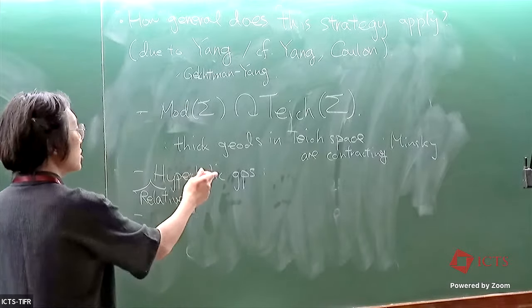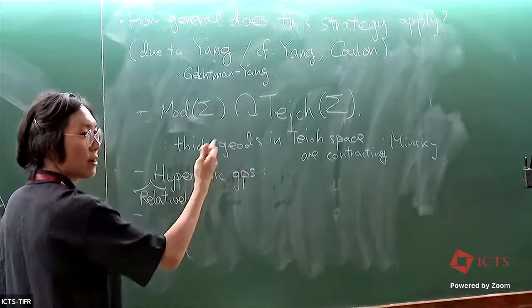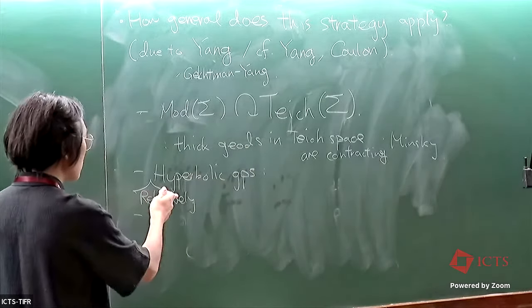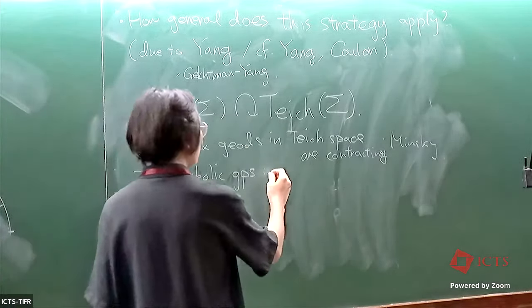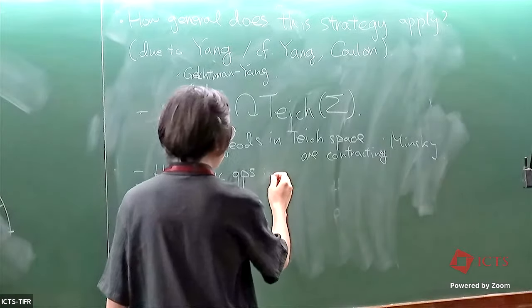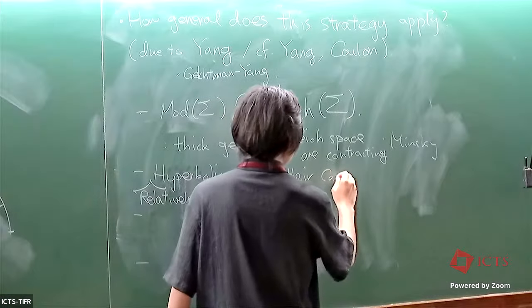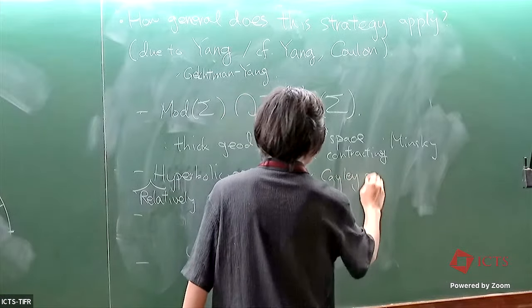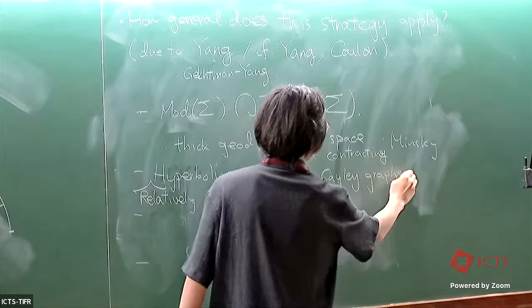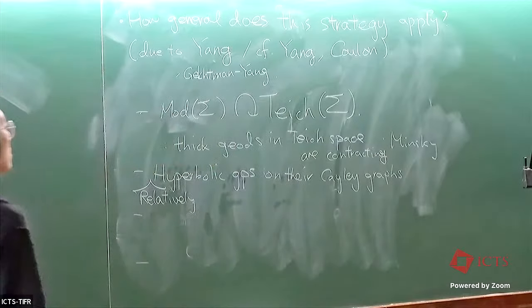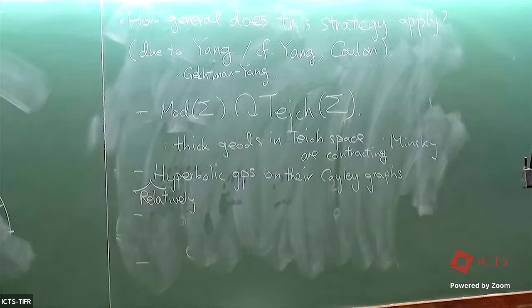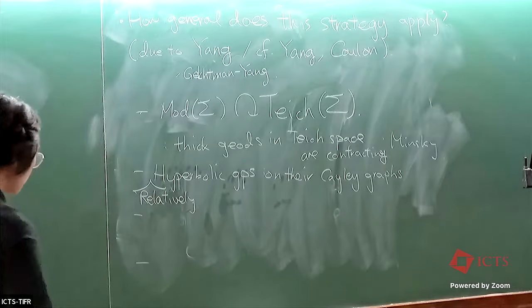So for hyperbolic groups acting on any co-compact, for relatively hyperbolic groups on any Cayley graph, you have a loxodromic element on this Cayley graph, and that coarsely preserves a strongly contracting geodesic in the graph.